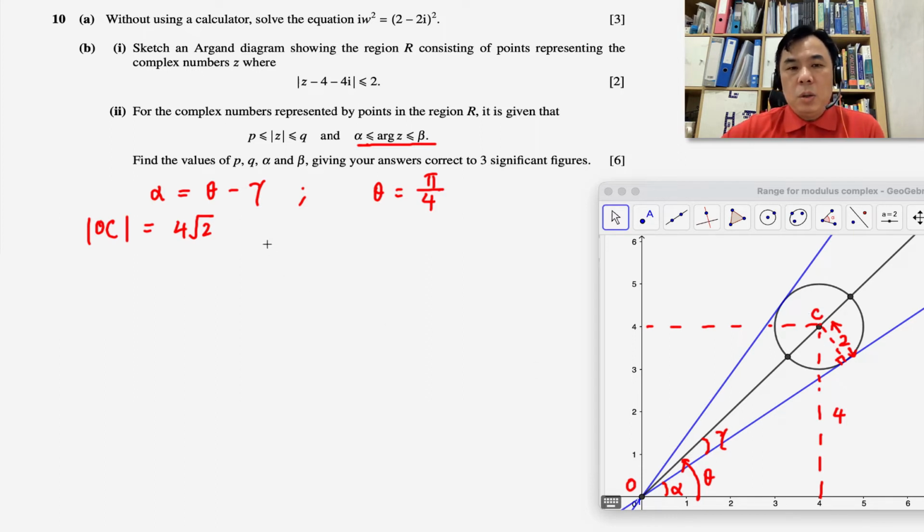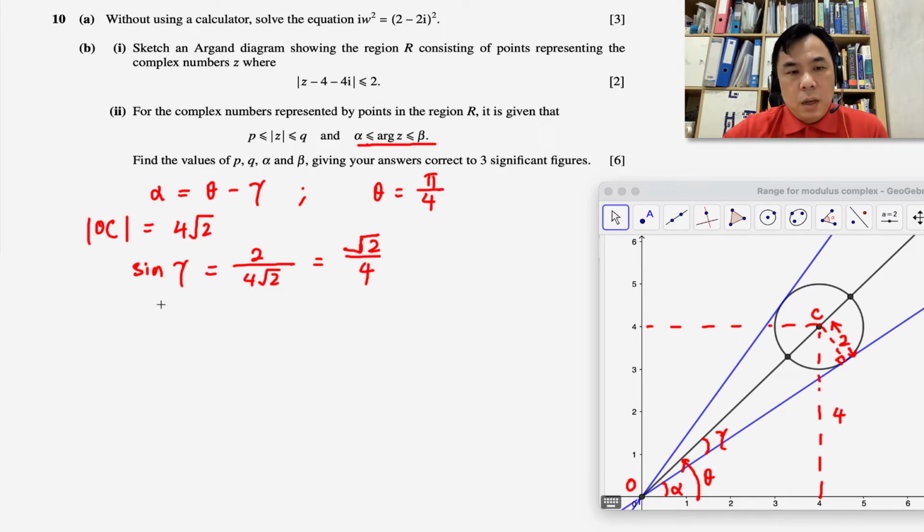And then we can make use of one of the trigonometric ratios to find the angle gamma. In our case, sine gamma is equal to 2 divided by the length for OC. If we simplify this and rationalize that, we get root 2 over 4, right?